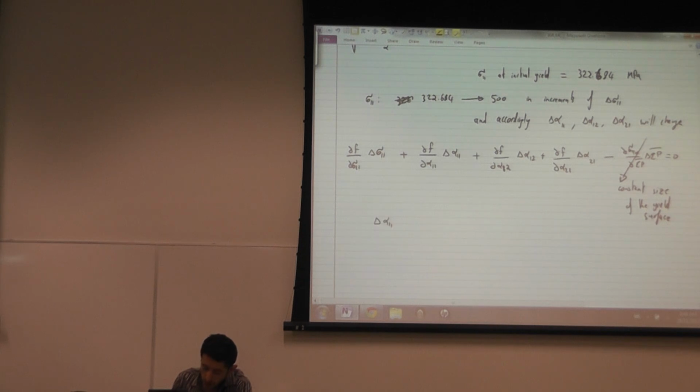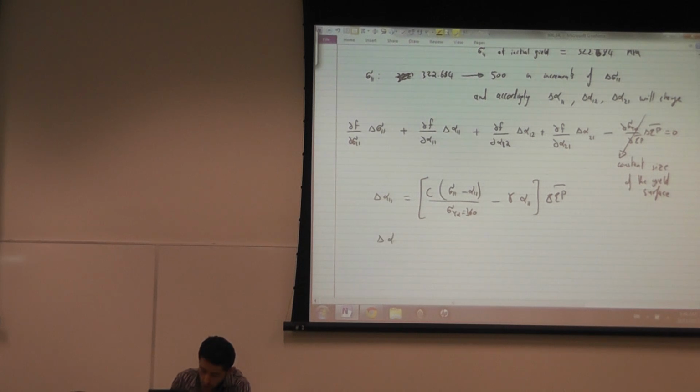Delta alpha 1 is equal to C, sigma 1 minus alpha 1 divided by sigma yield alpha, which is 360, minus gamma alpha 1, multiplied by delta epsilon p.